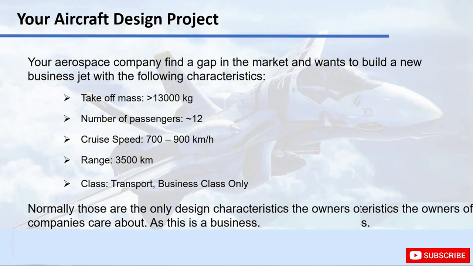And actually what you can see in front of you is an overview of the project that you are going to be designing. Yes, here we're talking about a business jet that will carry about 12 passengers with range of about 3,500 kilometers. So basically, only knowing this information, you need to design the rest of the characteristics and the qualities of the given aircraft.